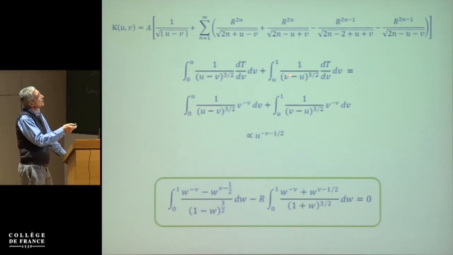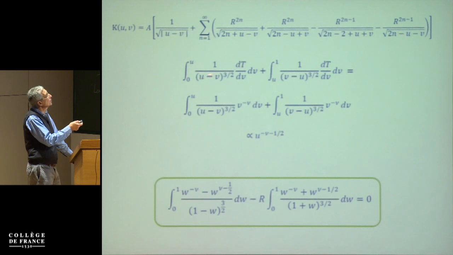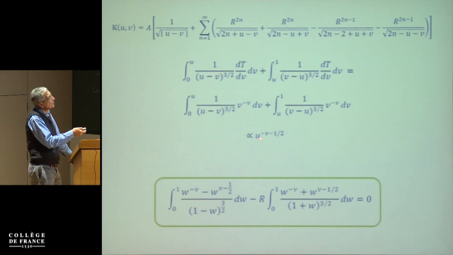So you have to calculate this integral. Because it's an absolute value, you have to separate it into v less than u or v larger than u. You just calculate, and you see how it goes as u goes to 0, with this power law that I mentioned before.